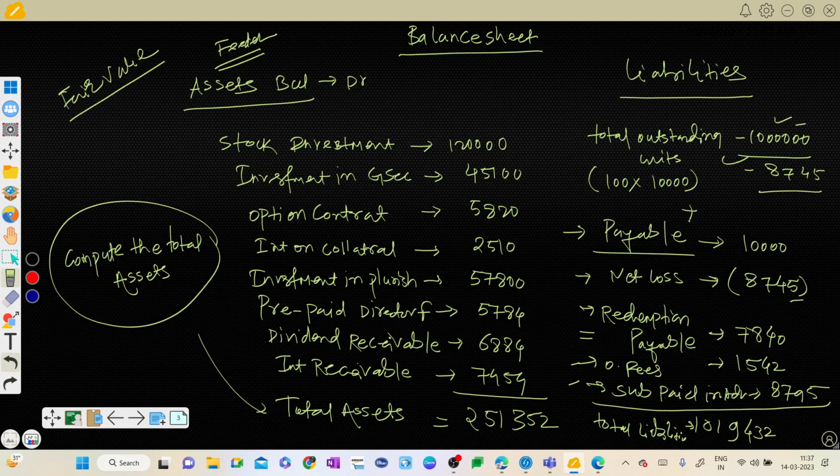But the assets that we have at the moment are 2.5 lakh or 2.5 million, and liabilities are around 1 million, around 0.25 million, or 2.5 lakhs of rupees of assets in our books of account.